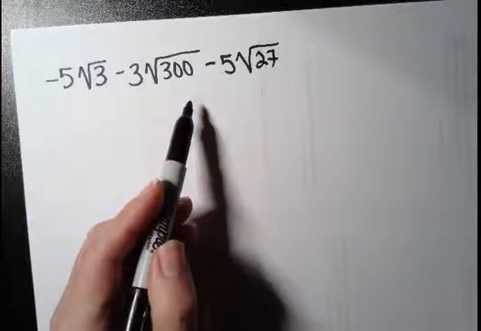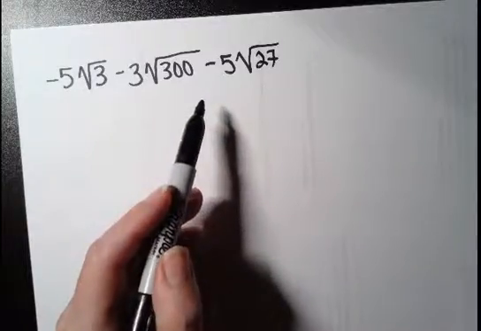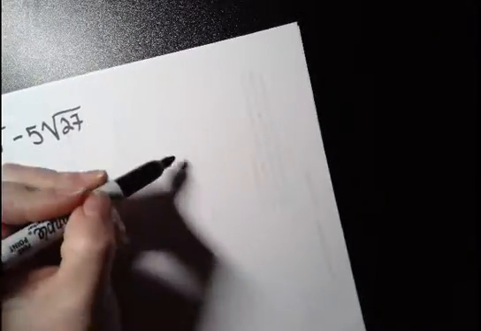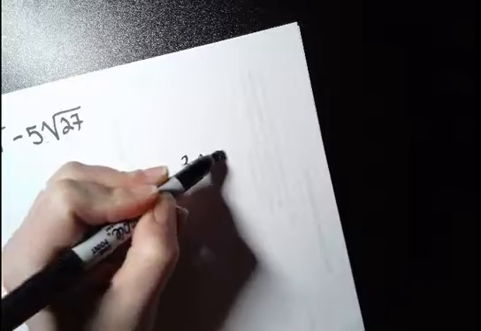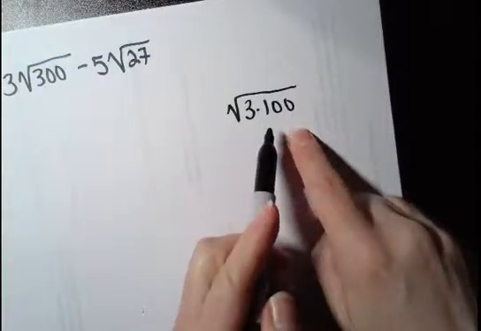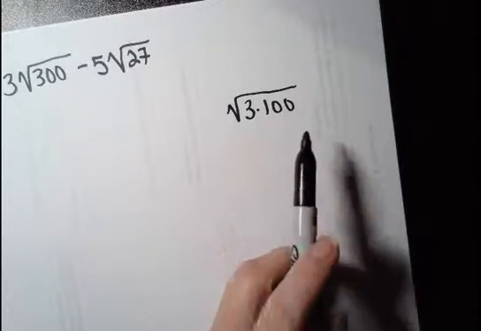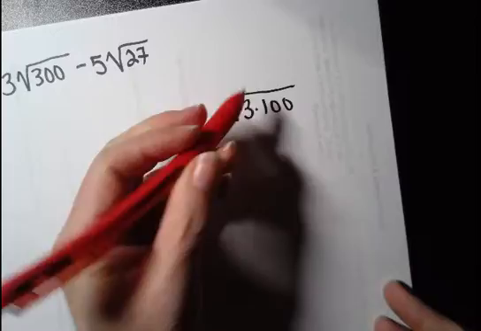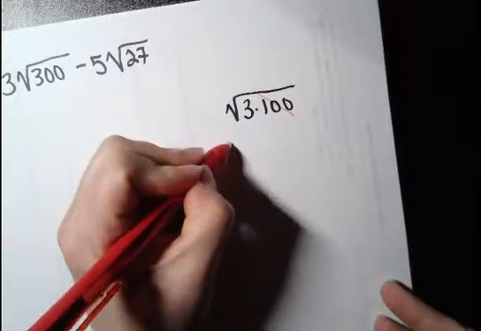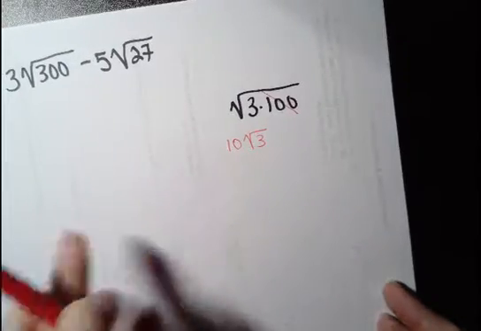And actually there's kind of a trick with bigger numbers like this. If it ends in zeros, we know that 300 is the same thing as 3 times 100. And we could break the 100 down further, but since we already know what the square root of 100 is, we can just take it out because we know the square root of 100 is 10. So it would be 10 times the square root of 3.